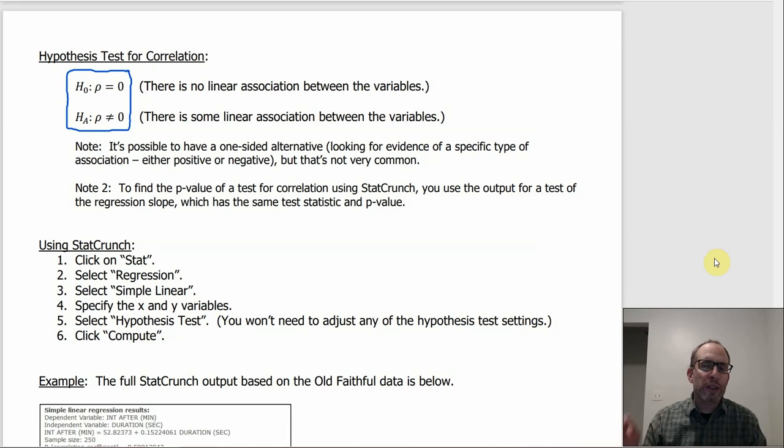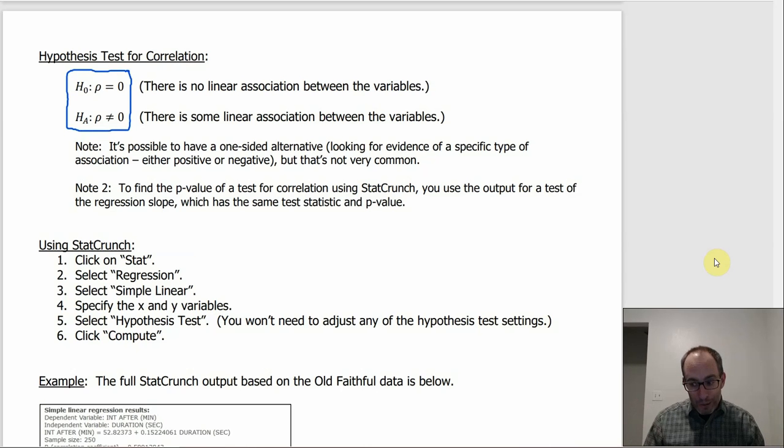You could, in theory, have a one-sided alternative where you're specifically looking for evidence of a positive correlation or of a negative correlation. But the overwhelming majority of the time, you're just looking for evidence of some kind of linear association between the variables, any kind at all. That would be if you have enough evidence to conclude that the correlation is not 0, right?